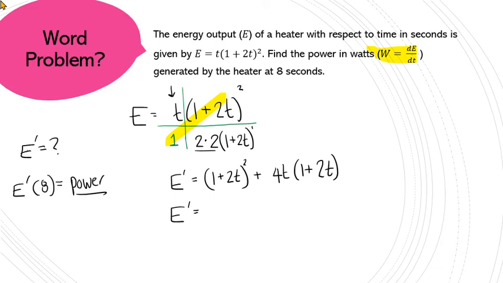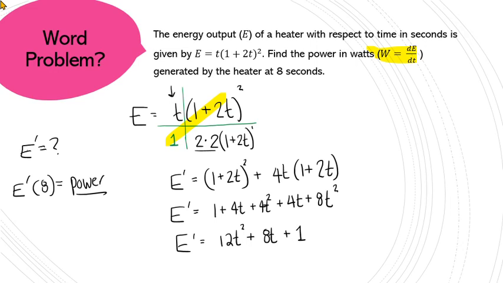Let's expand the binomial. 1 plus 4t plus 4t squared. And then we're going to distribute the 4t to the second binomial: 4t plus 8t squared. Gathering like terms and putting them in the order that I like: 12t squared plus 8t plus 1.